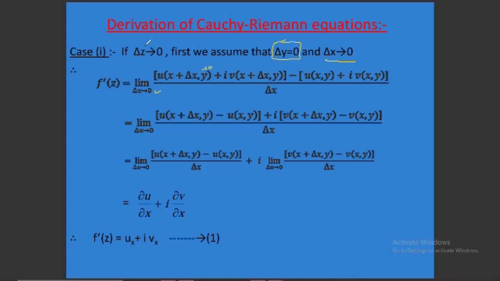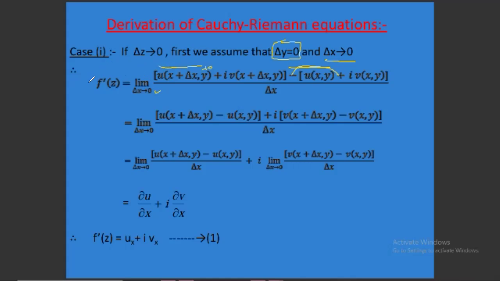Now, I am going to split the real part and the imaginary part. This is the real part. So, I am going to split the real part and the imaginary part, multiplying the minus sign into the bracket. So, limit del x tends to 0, u of x plus del x comma y minus u of x comma y, plus i into v of x plus del x comma y minus v of x comma y, the whole divided by del x.